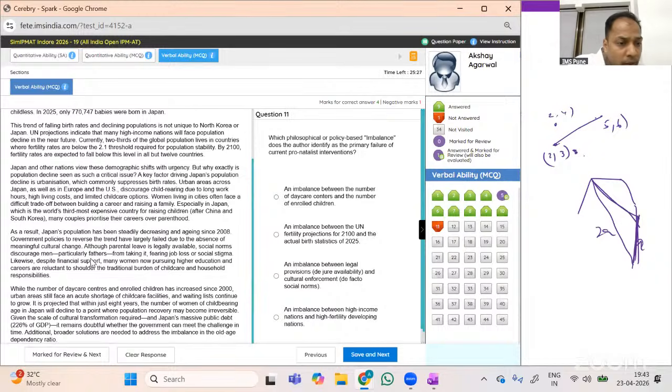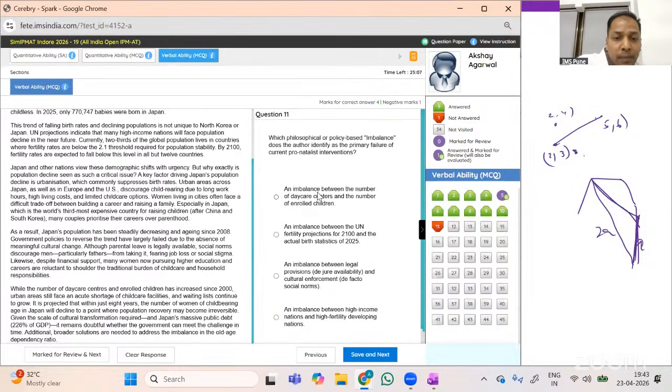Pro-natalist interventions, one of the key ways to reverse the trend, have largely failed due to the absence of meaningful cultural change. Although parental leave is legally available, social norms discourage men, particularly fathers, from taking it, fearing job loss and social stigma. Likewise, despite financial support, many women now pursue careers.